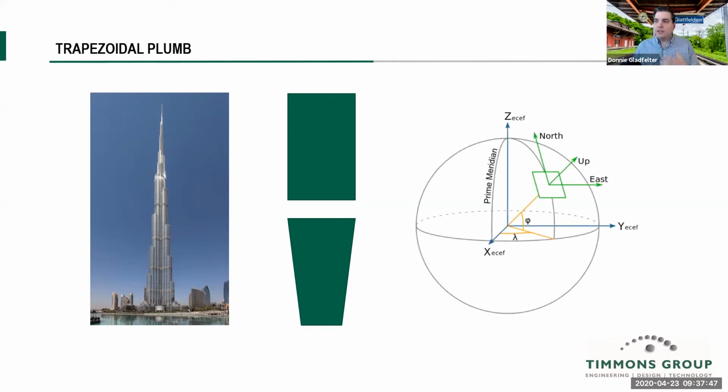And so again, the reason for this is plumb is something that is relative to the center of Earth. And so as we get out from a certain point, that is going to, again, form more of a trapezoidal shape.